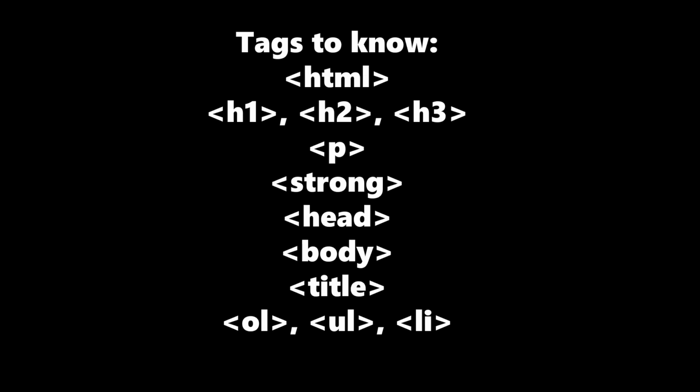We have the head tag, which is the first part, the head of our file. The body, which is all our content for the file. Our title, which sets our title in the website and goes in the head. And we have our ordered list, our unordered list, and then our list items.